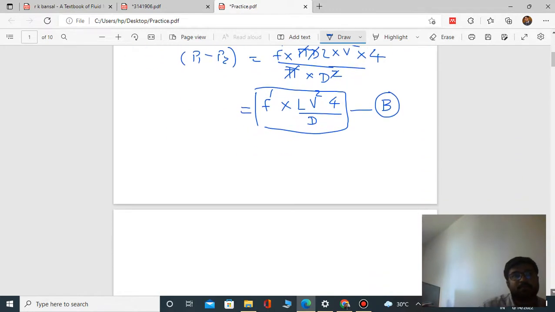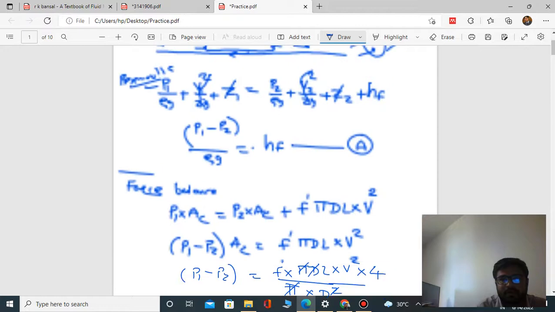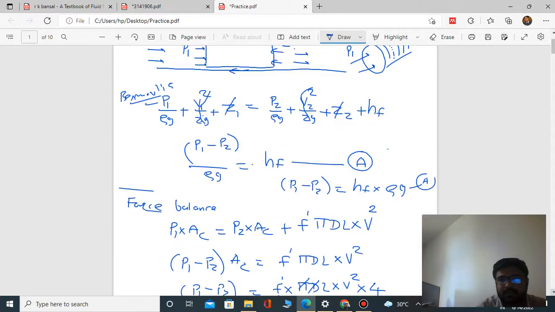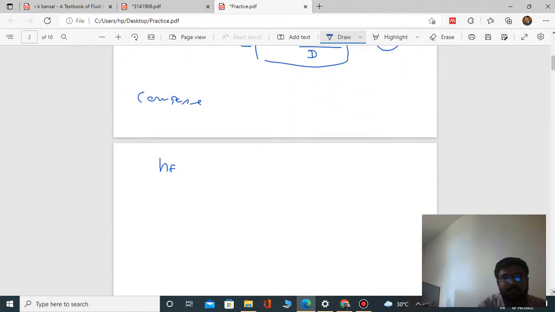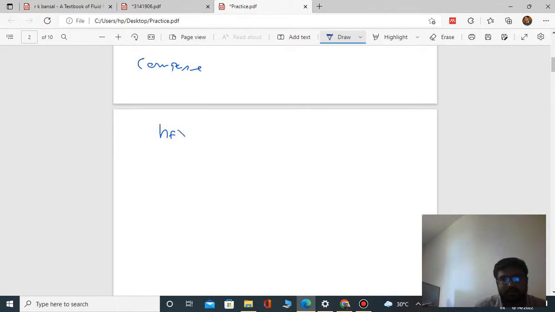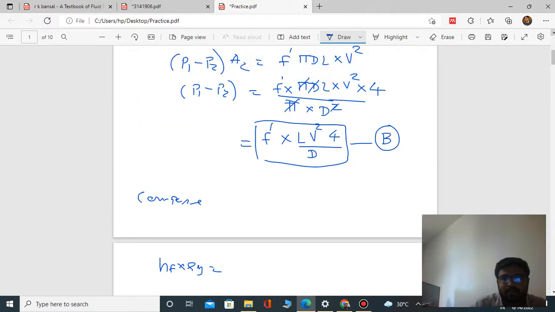So now we will have to compare both. HF into rho g is equal to F dash L V square 4 divided by d.